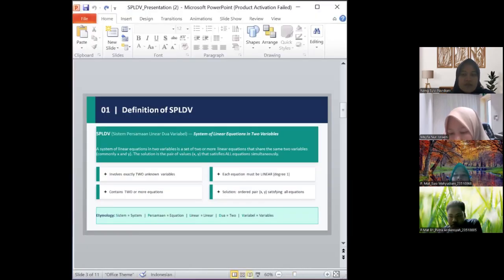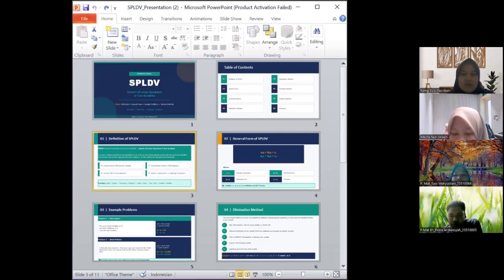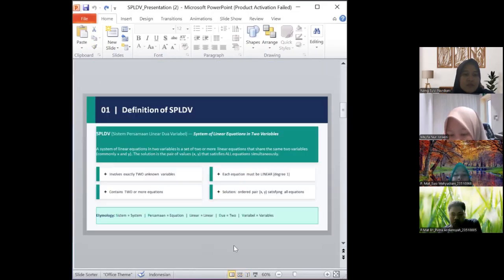However, in higher mathematics, you can have systems with more equations. For now, we work with two. Understood, Susie? Yes, Miss. I understand now.